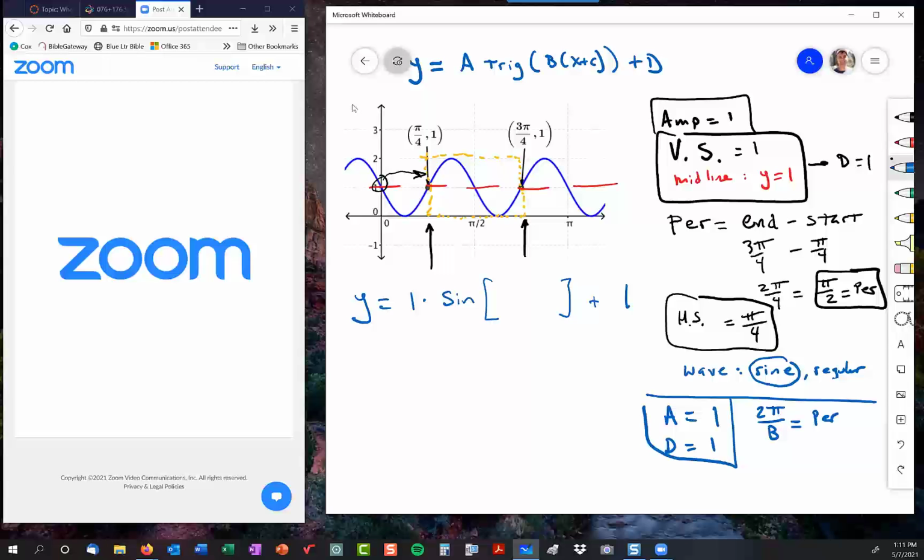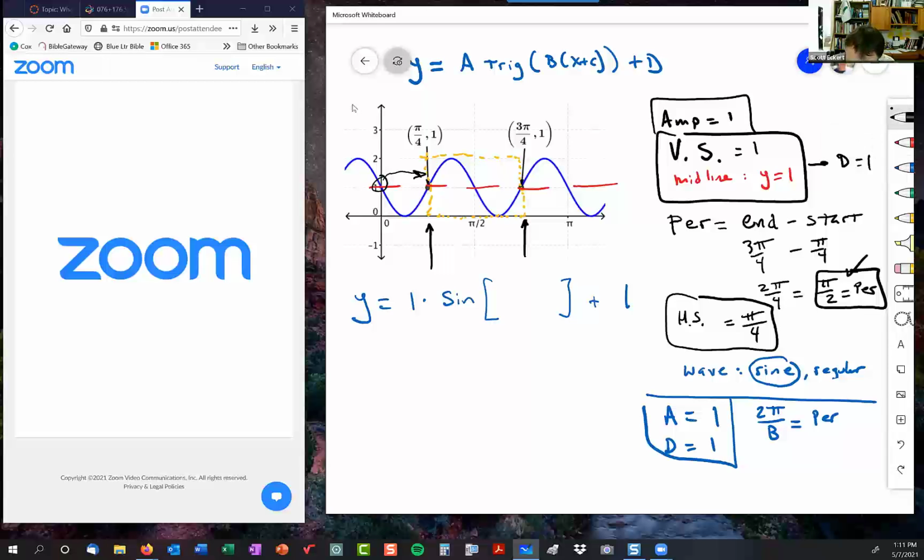So B is the most difficult of the letters A, B, C, and D. B makes us work the hardest for it. Now, when we looked at the box, we saw the beginning and the end, so we know the period. It's right here.